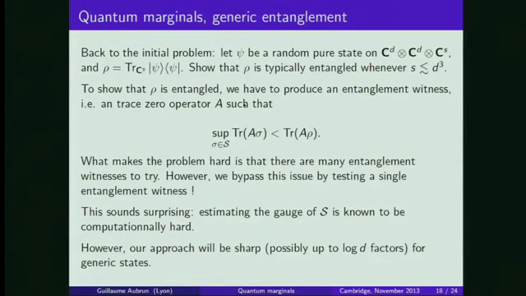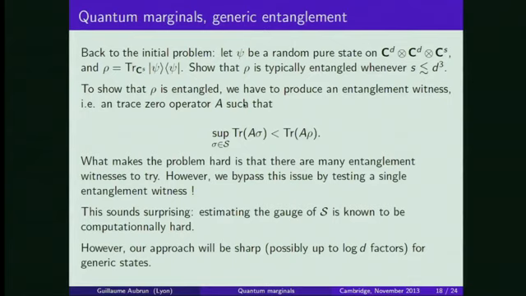But in general, it's hard to check if a state is separable. One reason for this is that there are many witnesses to try. You have to typically try an exponentially large number of them. So I claim that in our situation, we are able to bypass this issue by testing only a single witness.